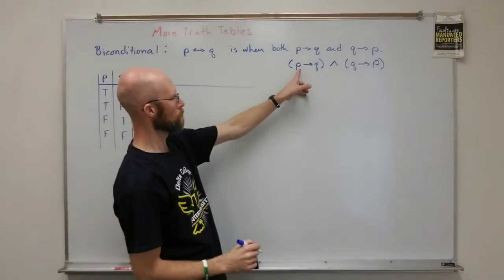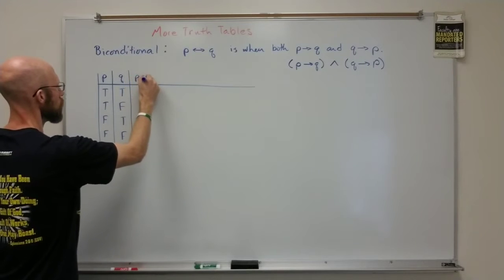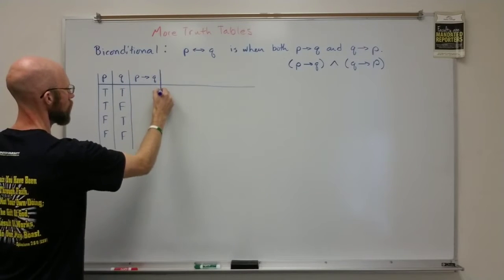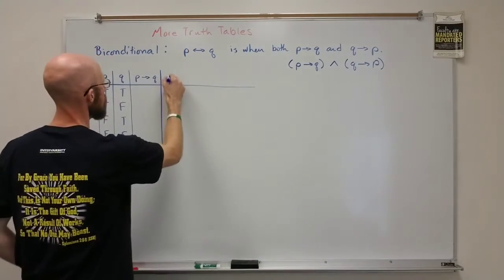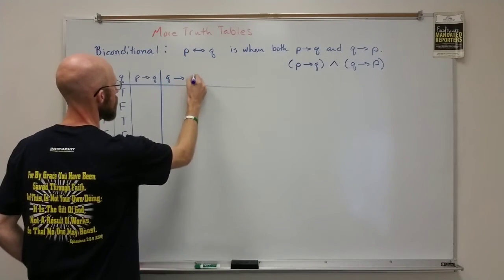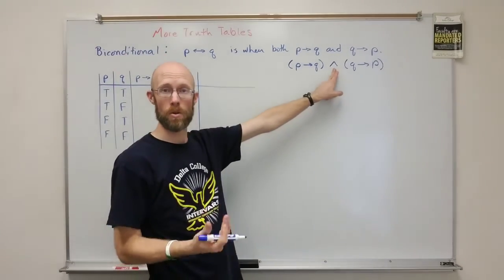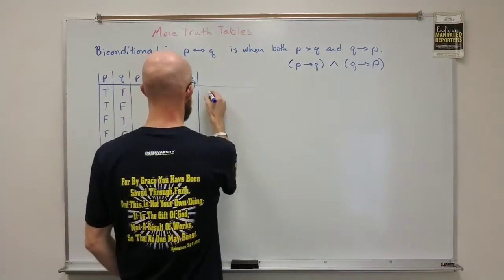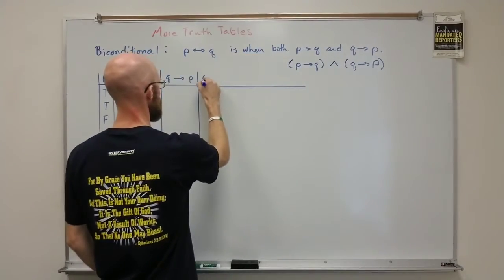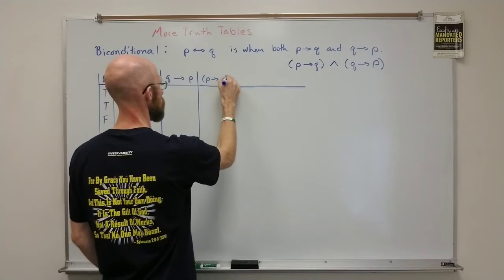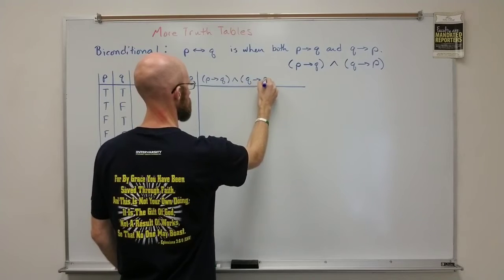I need if P then Q, and I need if Q then P. And I need the conjunction of those two compound statements, those two conditionals. So it's if P then Q and if Q then P.